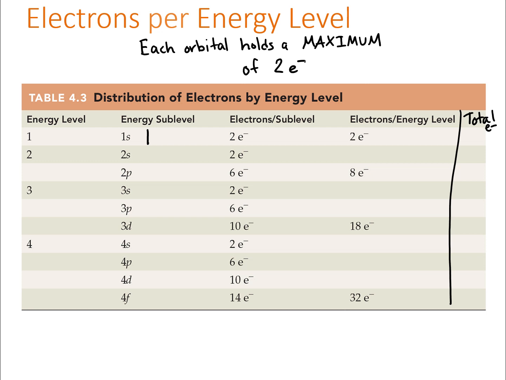So if we're figuring out how many electrons we can fit in each sublevel, we take the number of orbitals and multiply by 2. Here that gives us 2 electrons in the 1s.